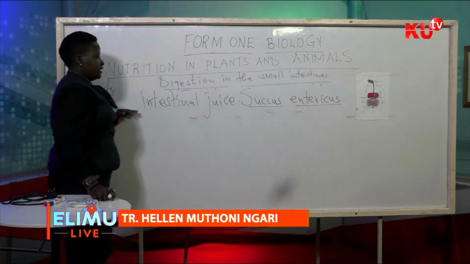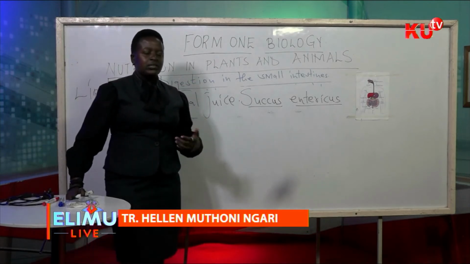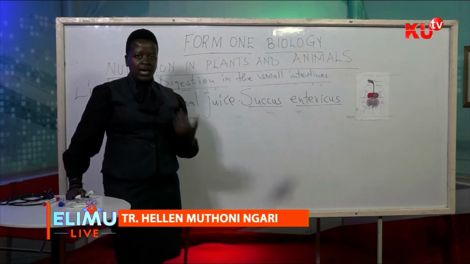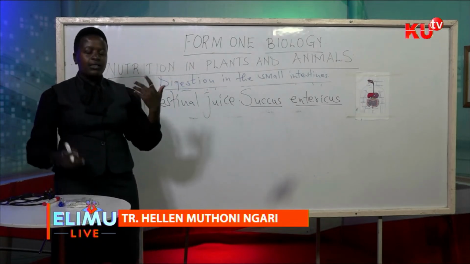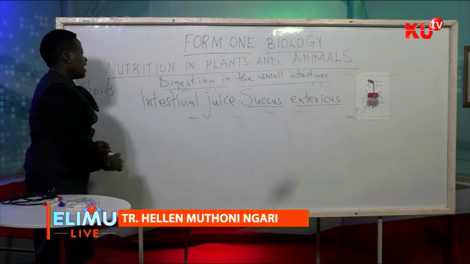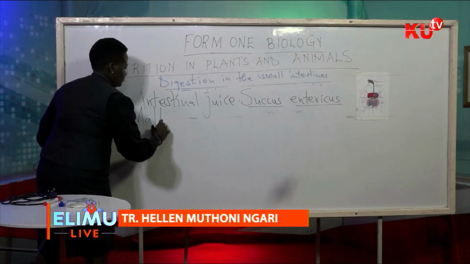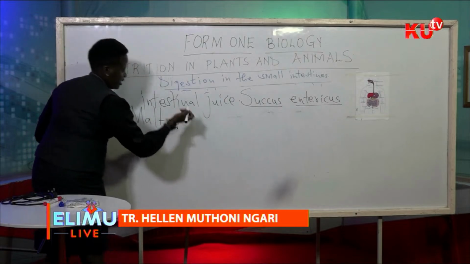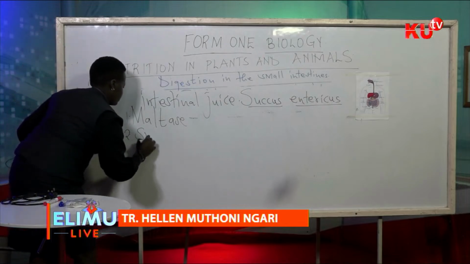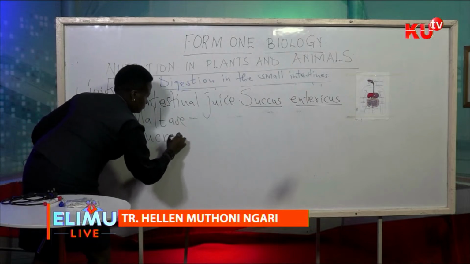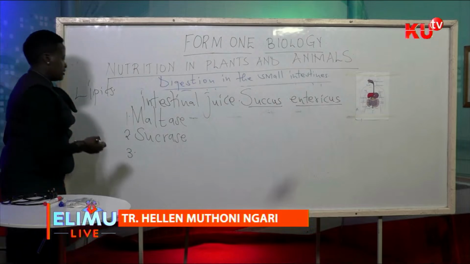So this intestinal juice has components, and intestinal juice is purely made up of enzymes. So we are going to outline these enzymes, and we are going to see how they help in the process of digestion. The first enzyme is maltase. The second enzyme is sucrase. The third enzyme is lipase.